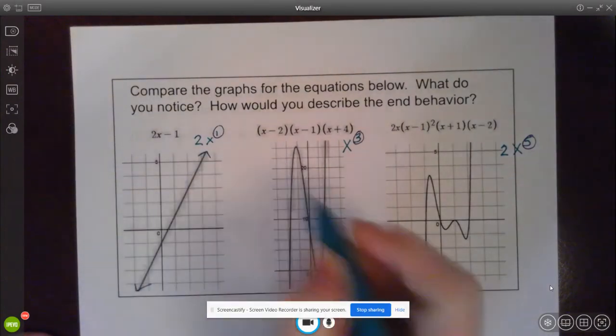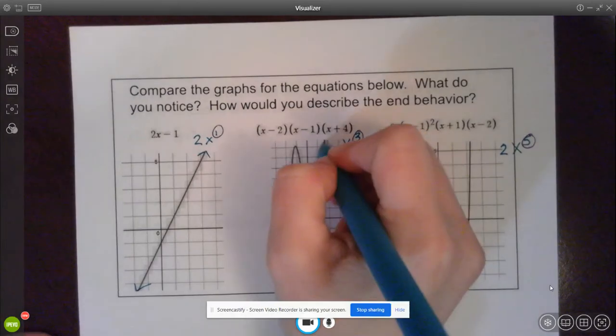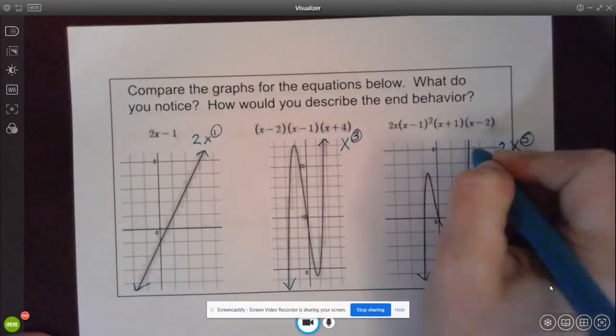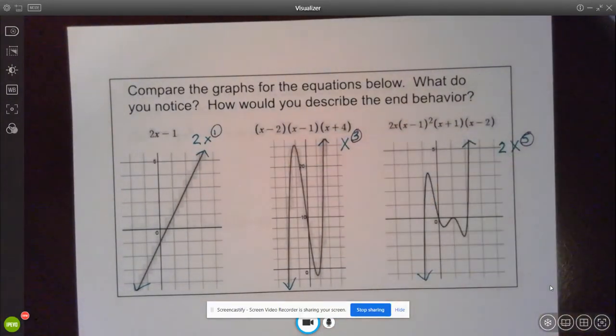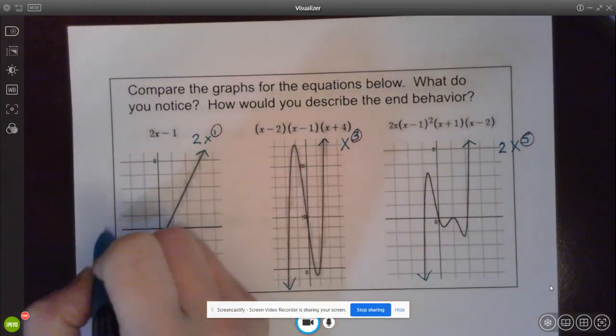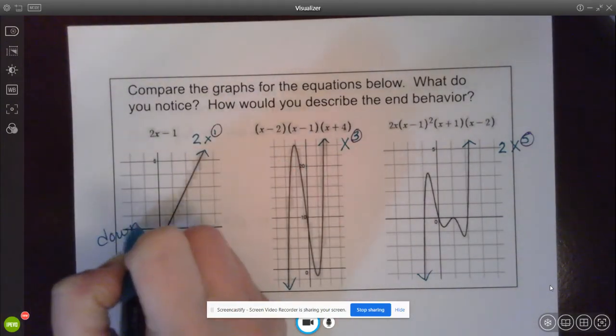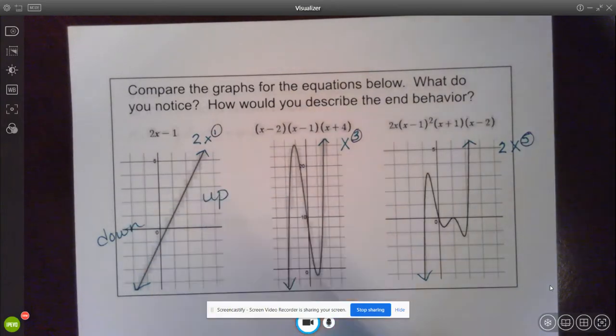One thing you should notice right off the bat is our arrows are actually going in opposite directions. So I have positive leading coefficients with odd exponents, and my arrows are going in 2 different directions. The left is going down and the right is going up.